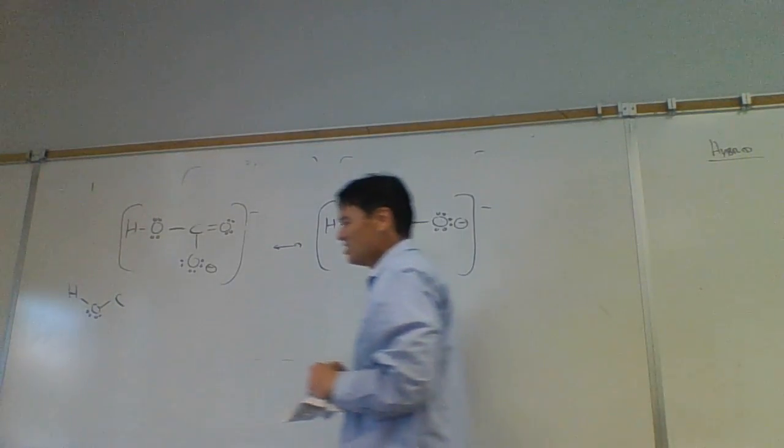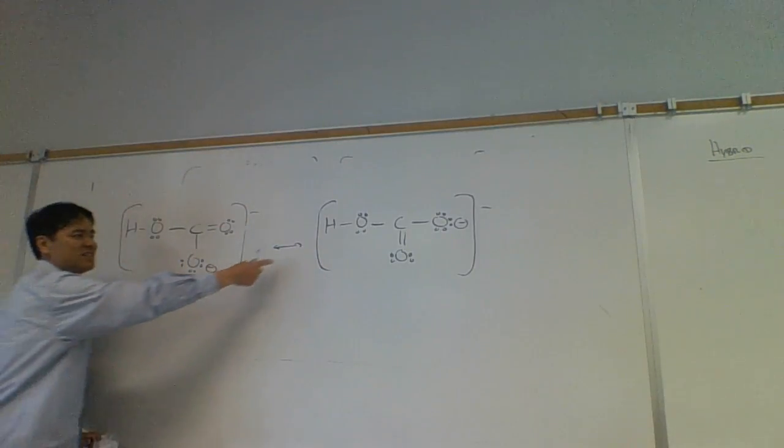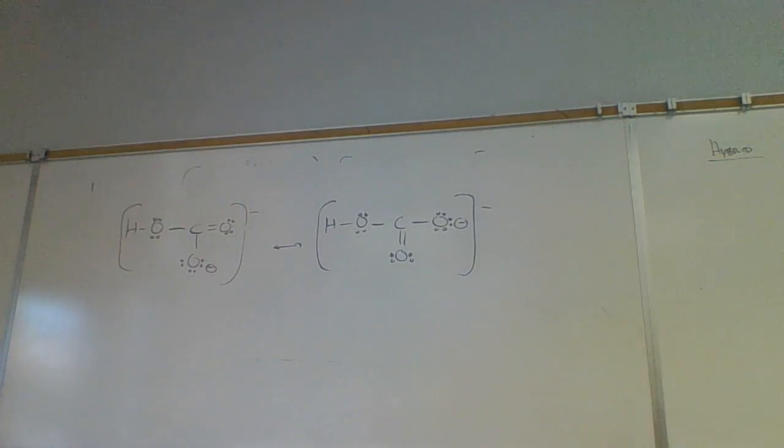If I asked you to draw the Lewis structures for bicarbonate, I want to see these, and I want to see this double-headed arrow here, indicating that these are, in this case, equivalent resonance forms.